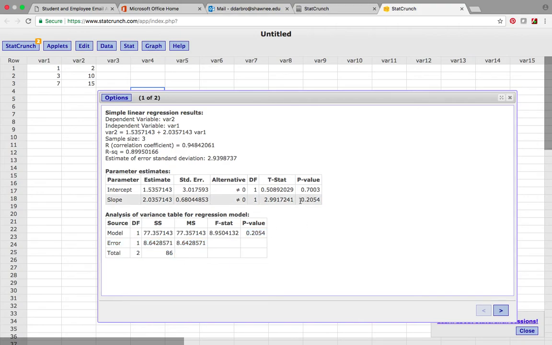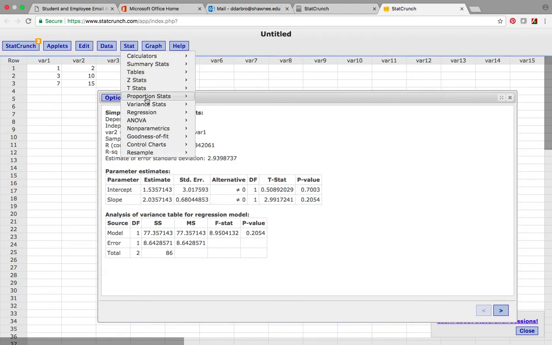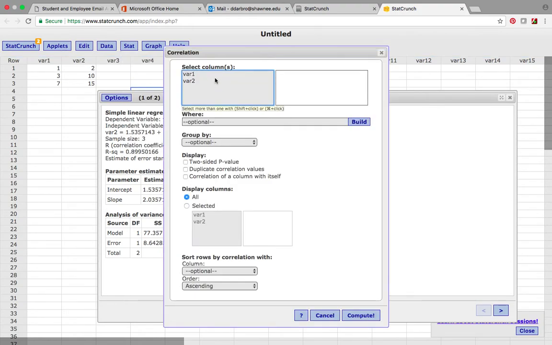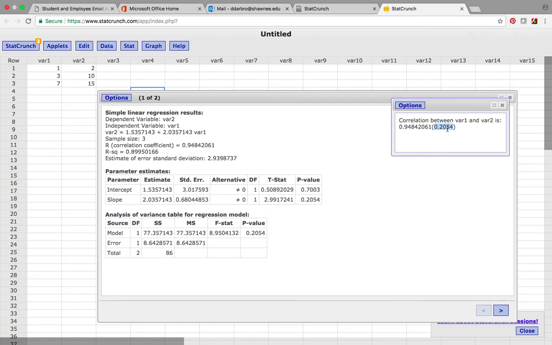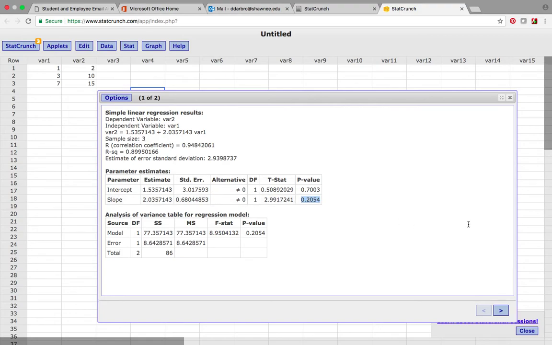Rho, R, which gave you a p-value of 0.2054. Remember that? If you don't, let's do it. We can go summary stat, correlation. We can choose both of these. Two-sided p-value. Look familiar? And we can go inference on our slope.